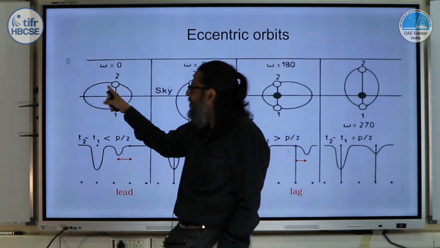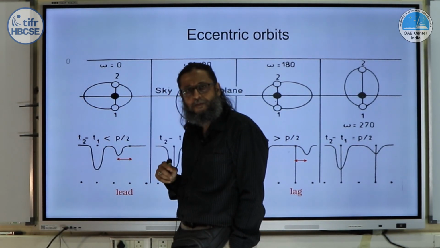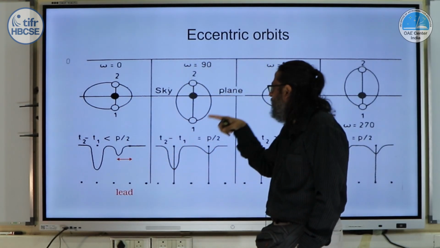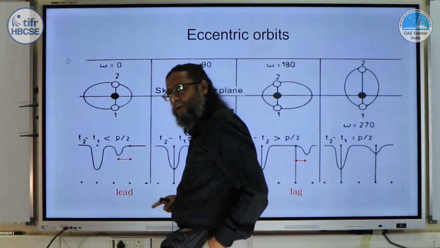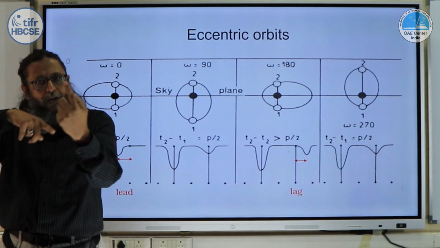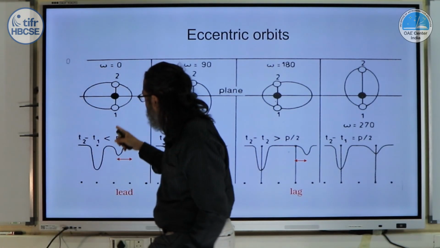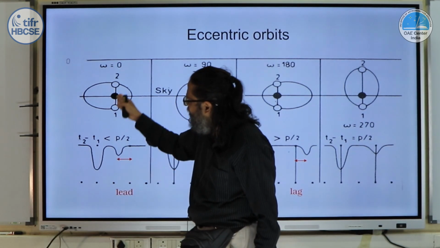You see, this is an elliptical orbit of a two-star system. This ellipse and this ellipse and this ellipse and this ellipse, they are practically all the same. You have the same set of stars, the same set of orbital parameters. But here, this is your line of observation.